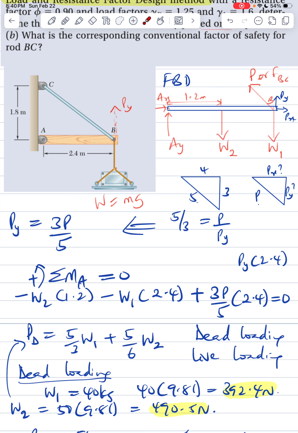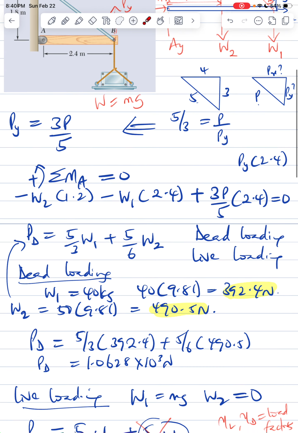So now, for the dead load, W1 first, the weight due to this point, right? W1, 40 kilogram, multiplied by 9.8 to convert that to Newton. For W2, the same, 50 kilogram, which is at the center here, multiplied by 9.8 to give 490.5 Newton.